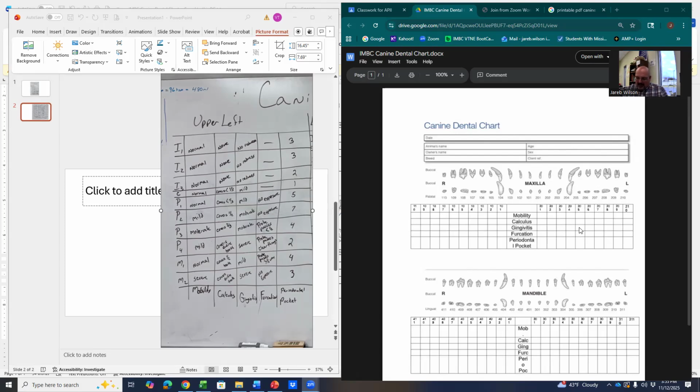If the probe can pass halfway or less than halfway, it is a 1. If it can go more than halfway, but not clear out the other side, it is a 2. And if that probe can pass the entire way through that tooth, out the other side, that is going to be a 3 on that furcation chart.